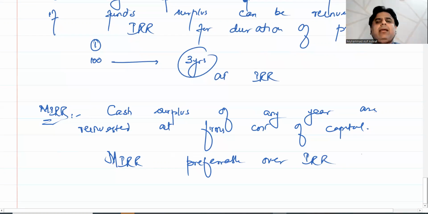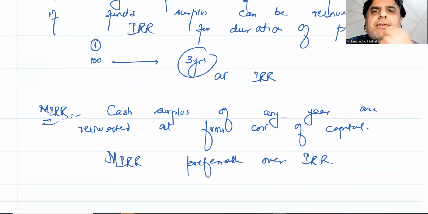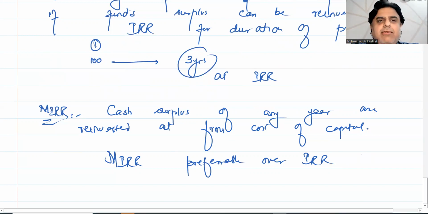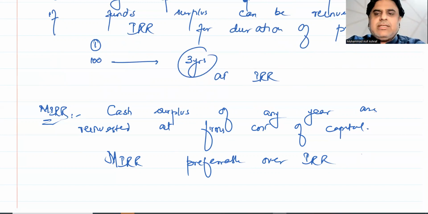Now this looks like a more practical approach. Why? Because if you invest any cash flow at the firm's cost of capital, this means that you are just saving the time value of money loss. You will not be able to earn any extra return, because if you invest at cost of capital, this will give you an NPV of 0.